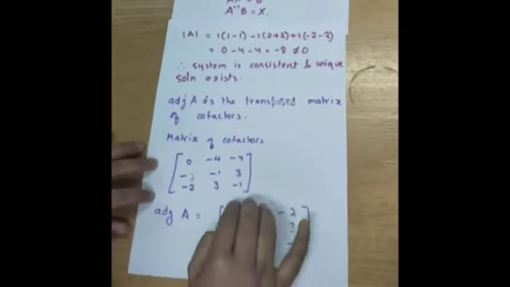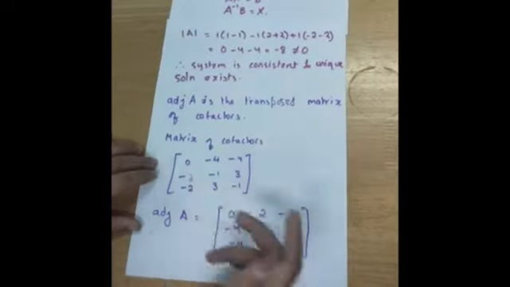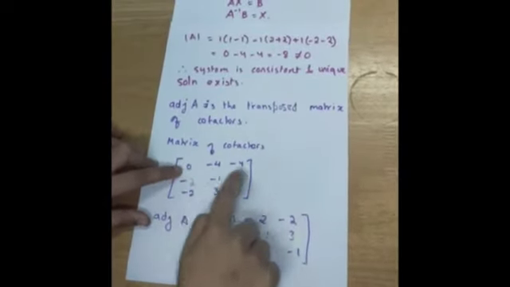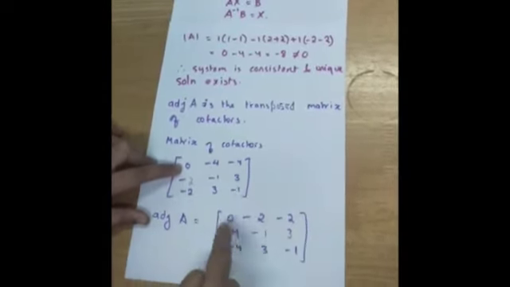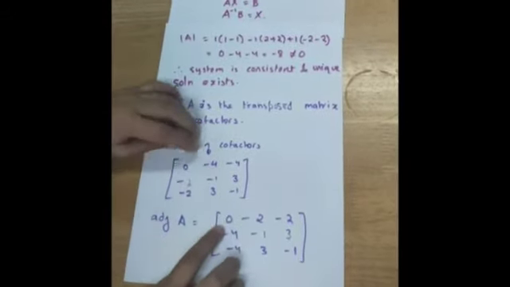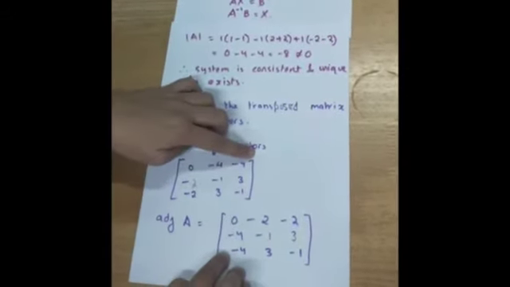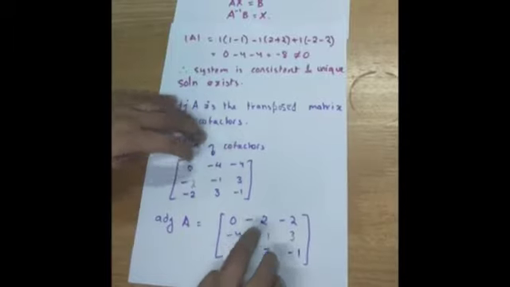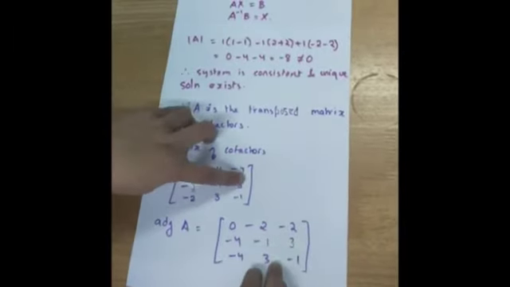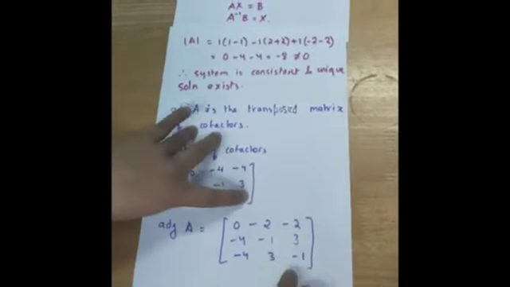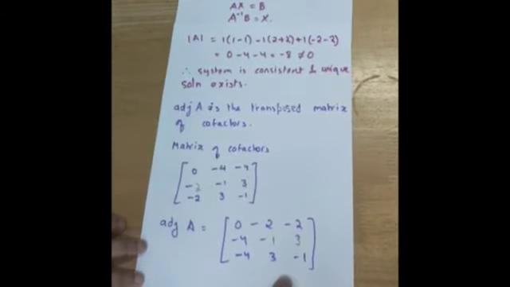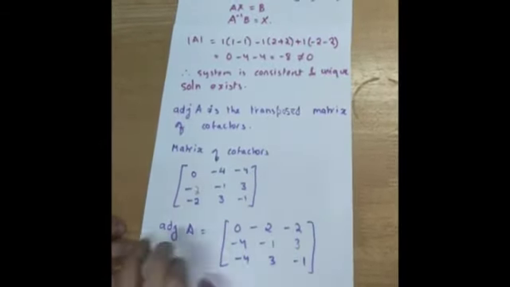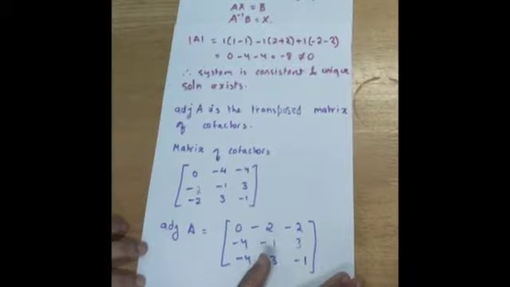After finding the matrix of cofactors, you can just transpose it. That is, all the row elements will be written as column elements. 0, 4, 4, minus 2, 1, 3, minus 2, 3, and minus 1. This is our adjoint matrix.